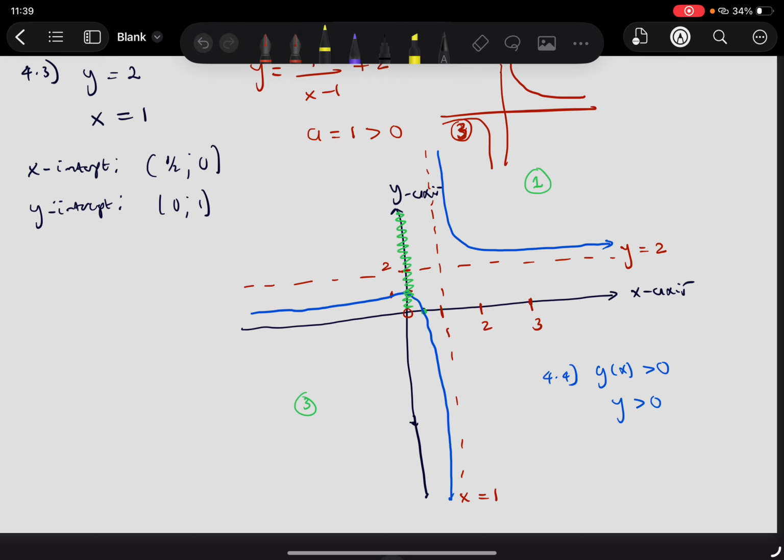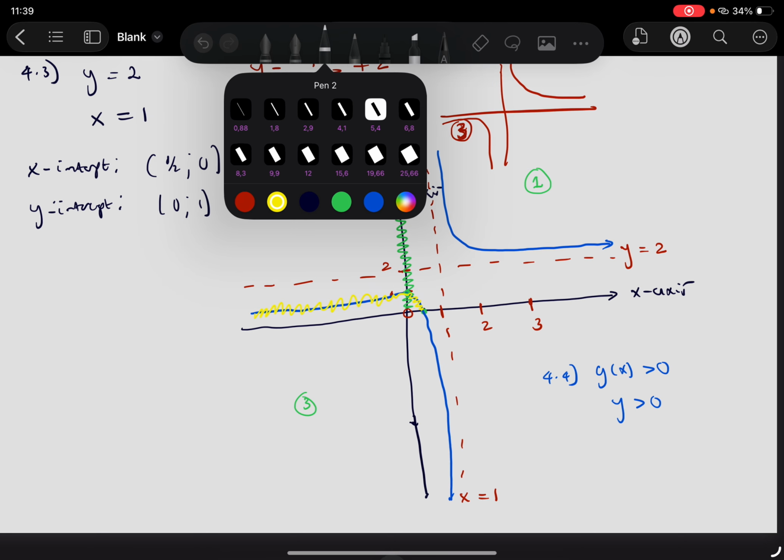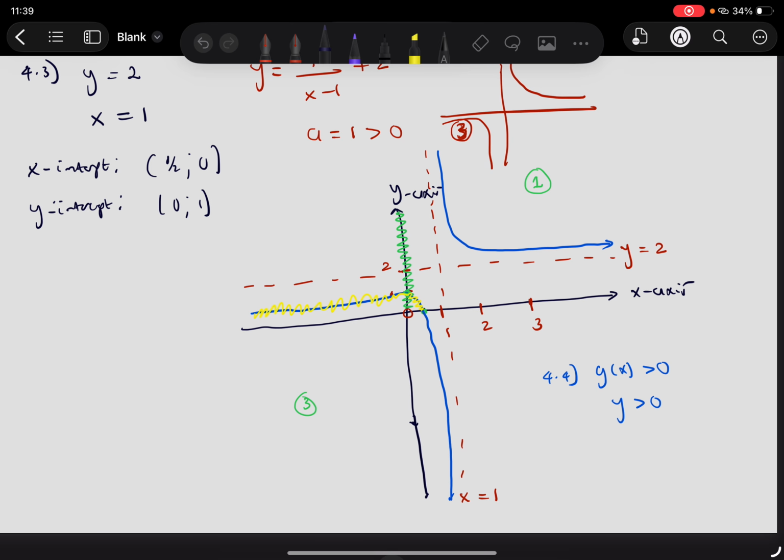Okay, now looking at our graph, we are saying at this portion, the graph is indeed above the x-axis. So it is positive, up to the intercept of x, where it starts being negative. I'm going to use the black one to show where it starts being negative. So this is not our point of interest.